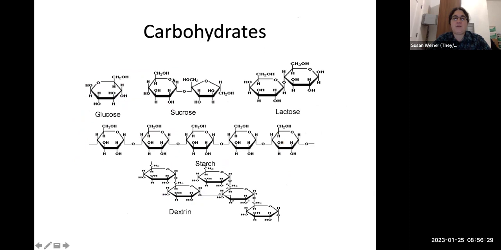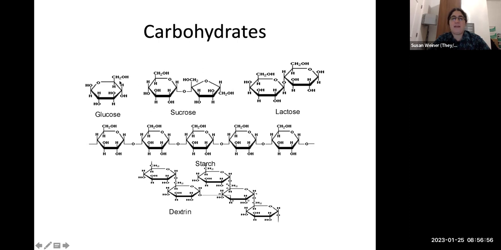So in carbohydrates, we have carb, so carbon, and then hydrate means water, which means that we've got an oxygen and hydrogens involved. So a carbohydrate is a 6-member ring, a hexagonal ring, or sometimes a 5-member ring, a pentagonal ring.